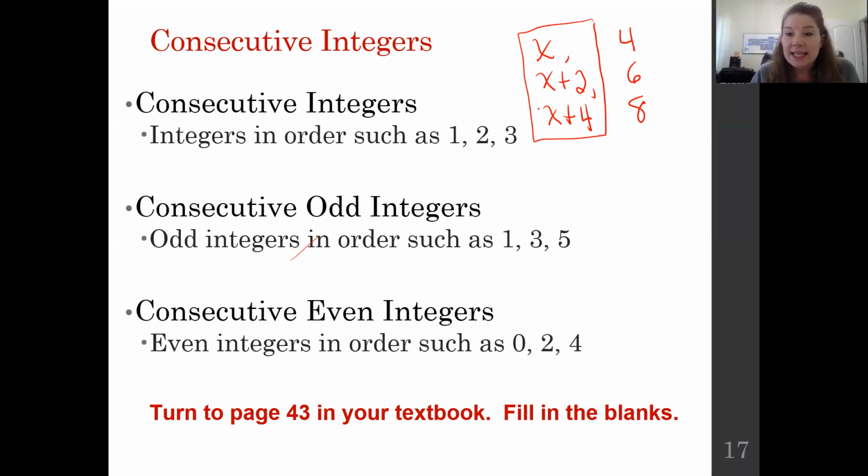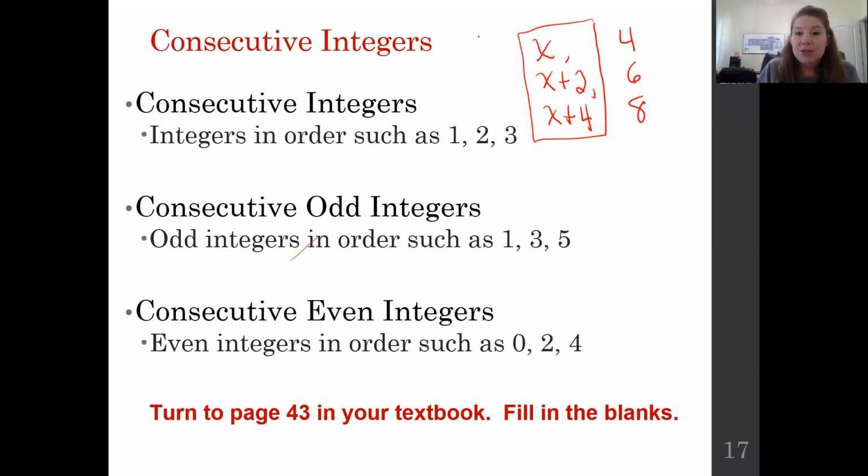So this is how we would write consecutive even integers. And then when it says consecutive odd integers, the answers are going to be the same as if we started with an even number, right? Odd integers are consecutive if each is 2 more than the previous odd integer.